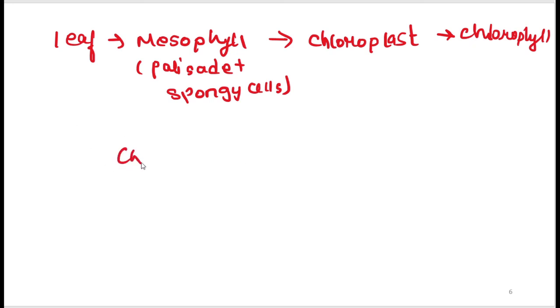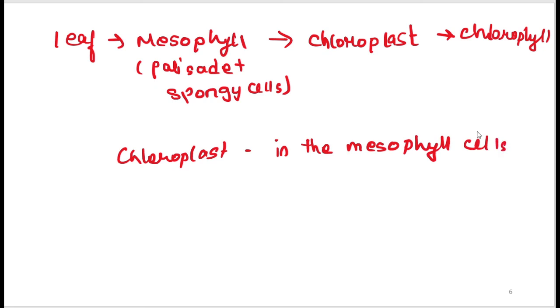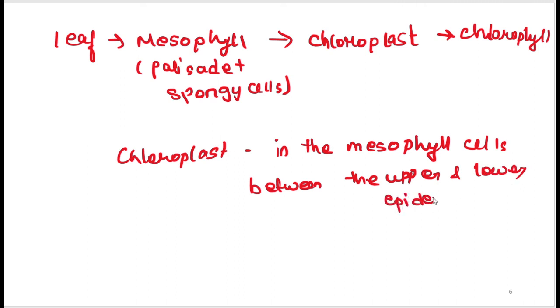So we can write chloroplast, location: in the mesophyll cells, between the upper and the lower epidermis. Function: site for photosynthesis.